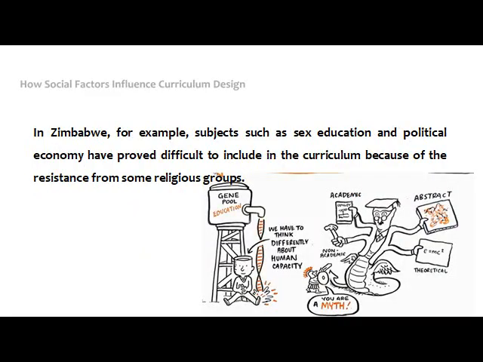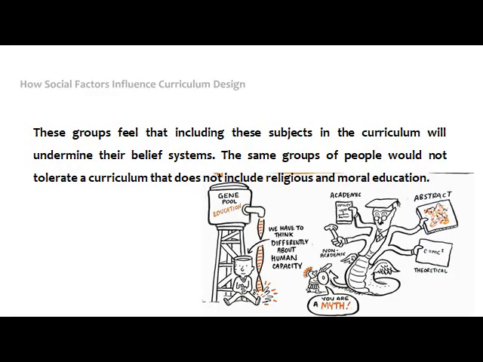In Zimbabwe, for example, subjects such as sex education and political economy have proved difficult to include in the curriculum because of the resistance from some religious groups. These groups feel that including these subjects in the curriculum will undermine their belief systems. The same groups of people would not tolerate a curriculum that does not include religious and moral education.